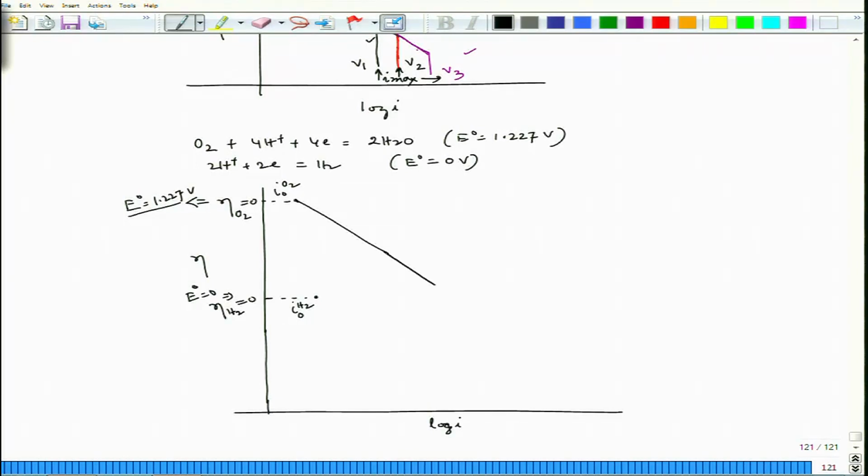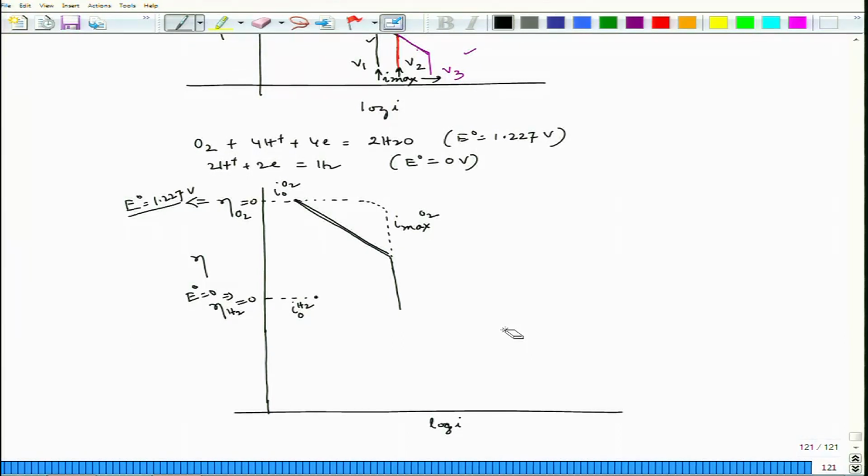Let us say this is my activation polarization of oxygen reduction, and this is my I max for oxygen reduction. So it can come up to this point, and then it will take this particular path. So this path is out as per our understanding.